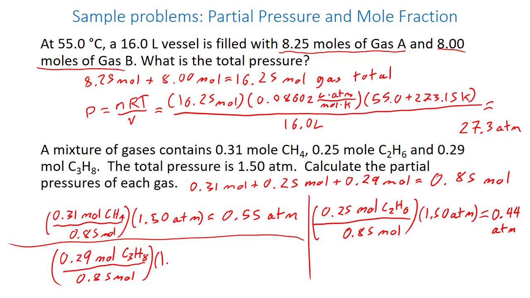And since the total pressure of all this gas is 1.50 atmospheres, multiply it and find that the final concentration or partial pressure of C3H8 is 0.51 atmospheres. And if I add these up, they should add up to 1.5. 0.55, 0.44, that's 0.99, and then 0.51, that is exactly 1.5 atmospheres. Done! I hope this clarifies how to approach questions of partial pressure in mole fraction with ideal gases.